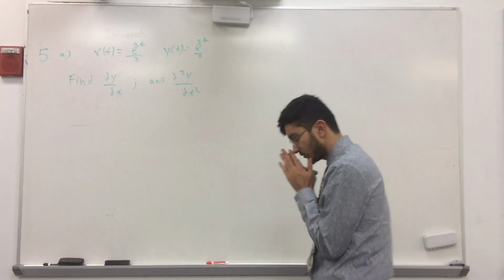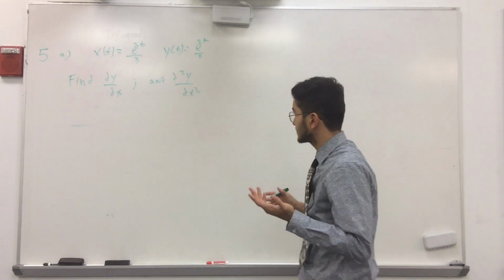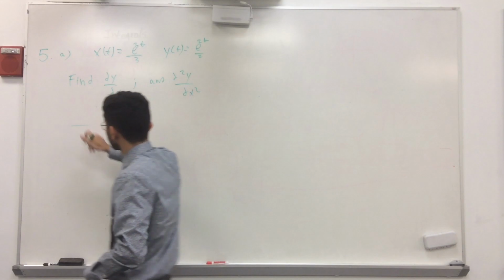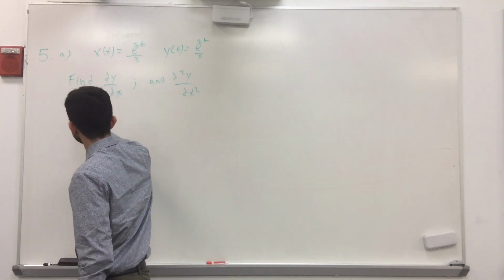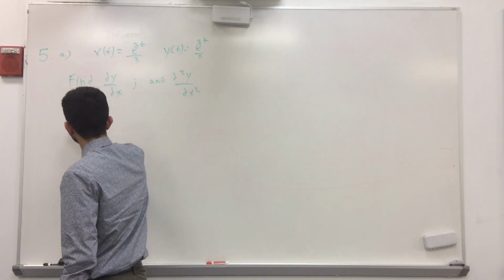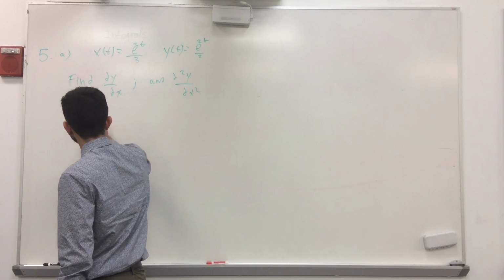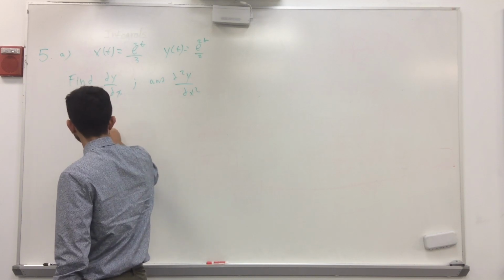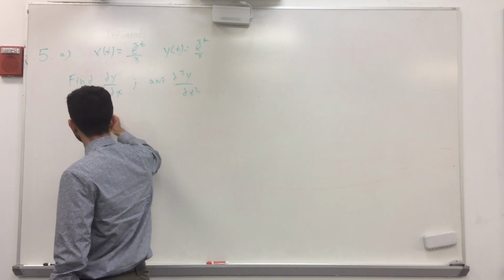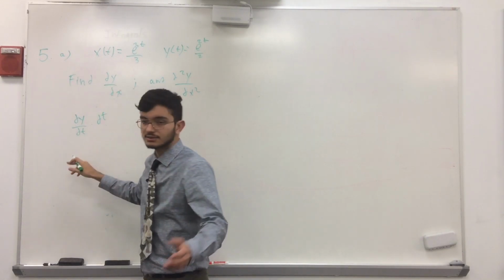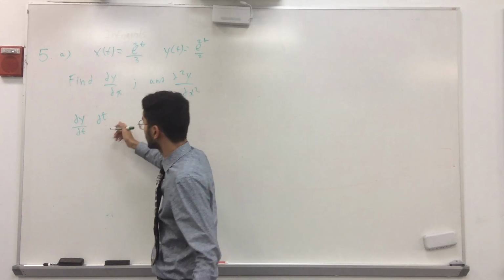All right, so remember that to find the derivative dy over dx, we just use the chain rule. So we have that this is nothing but dy over dt times dt over dx, right, because dt over dt is 1.